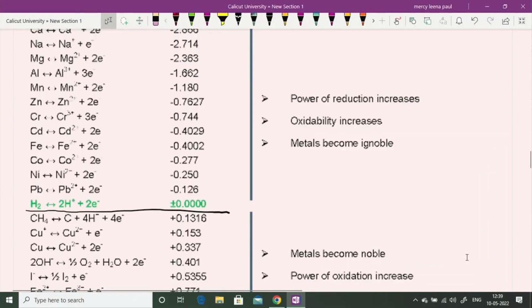Now, as we come down, you can see the reduction potentials are increasing, or you can say that an element lying below has more tendency to get reduced than an element lying above it. So, you can take any pair and say which will oxidize and which will be reduced when they are combined.